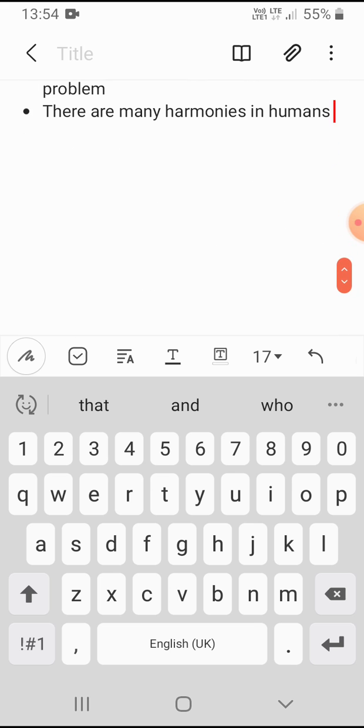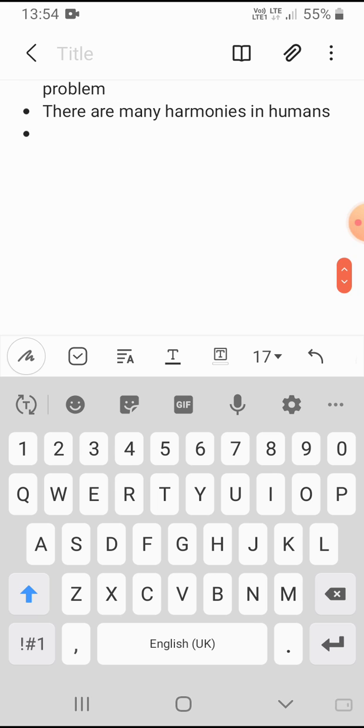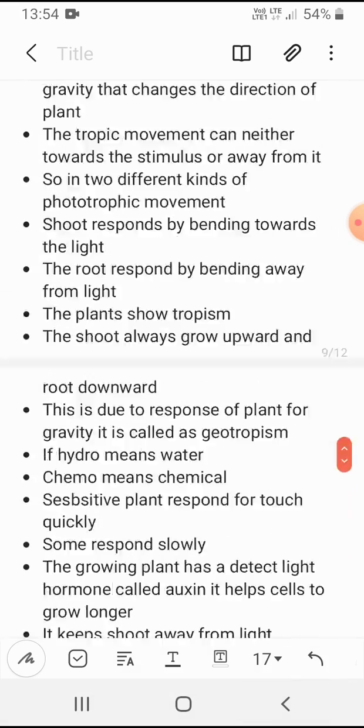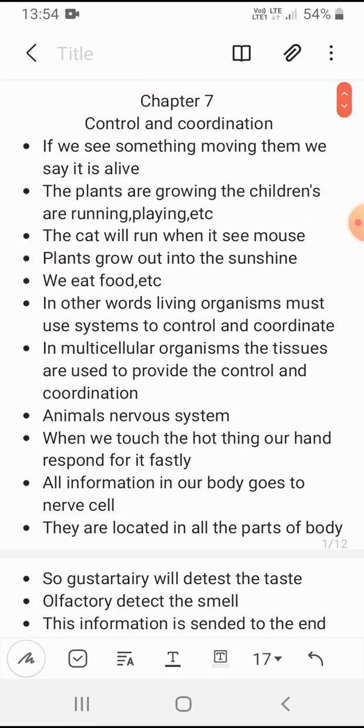That is in animals and human beings also. And the hormone present in the pituitary gland, growth hormone, and many more hormones are there. So this was the last topic of your chapter.